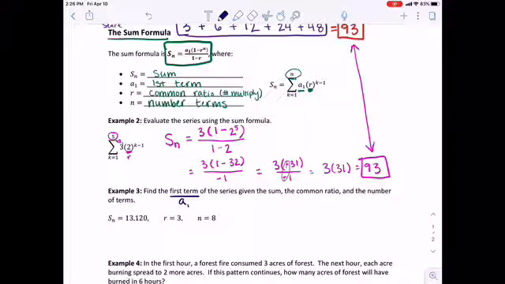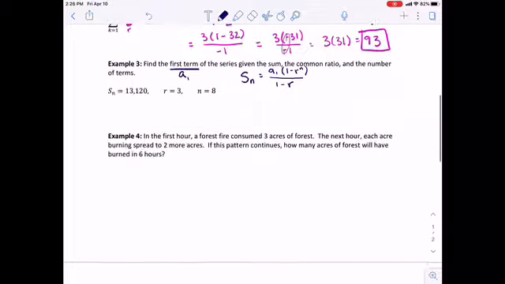So they told me my S sub n, my R, and my n, so I'm going to be plugging those into my formula. Remember, the formula was S sub n equals A sub 1 times 1 minus R to the n, all over 1 minus R. So I'm just going to plug the numbers that they gave me into this formula.